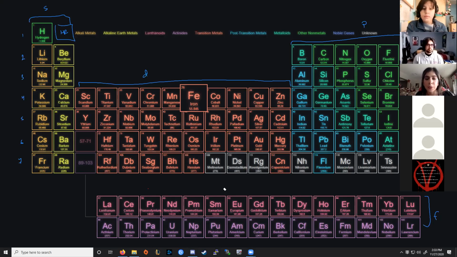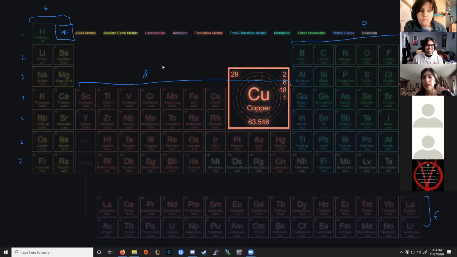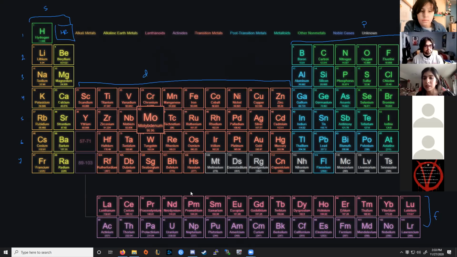And if you can tell, there's a pattern. So chromium, why do we think it's chromium and copper? Why do we think it's those columns that are the exceptions? So we know why it's the copper column because the 3d is almost completely full, but the chromium, the 3d is almost half full, right? So the last one for chromium would be 3d4, right?